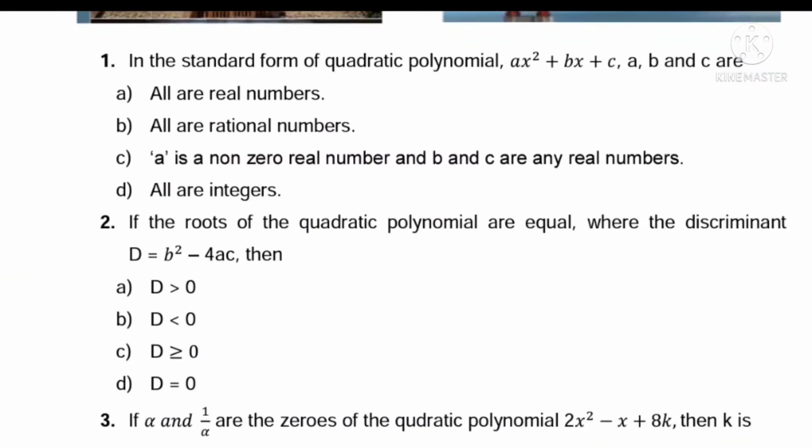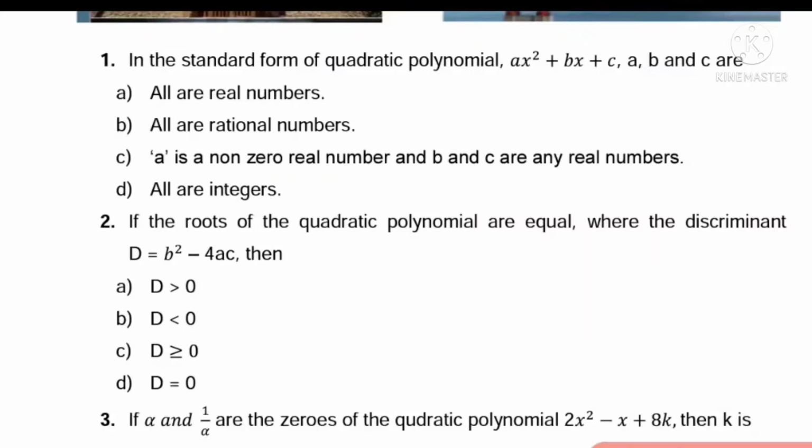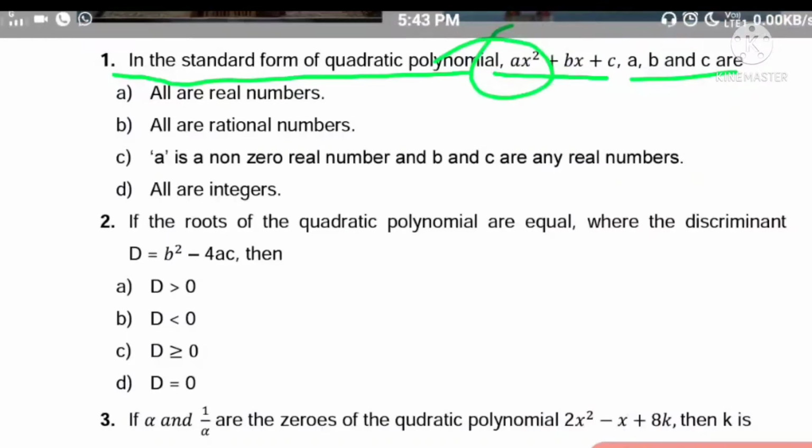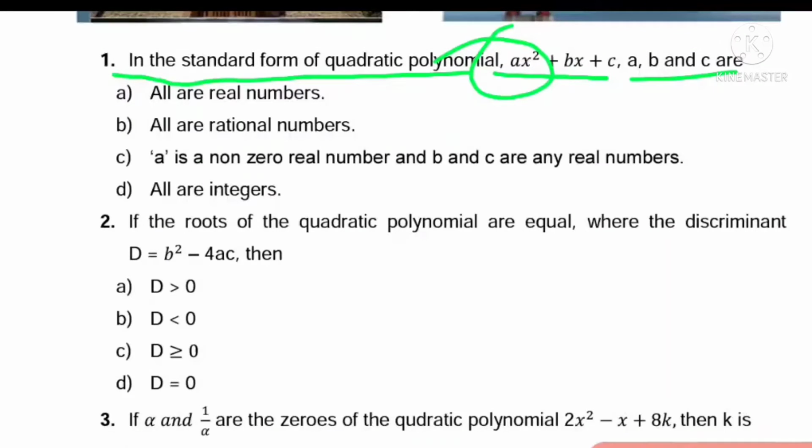Now here the first question is: in the standard form of the quadratic polynomial ax square plus bx plus c, a, b, c are, look here, a should not equal to 0. So a is a non-zero real number and b and c are any real number.